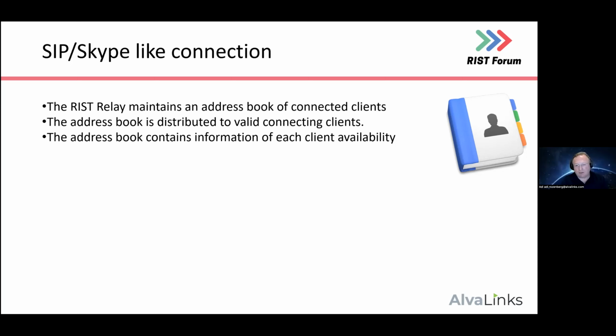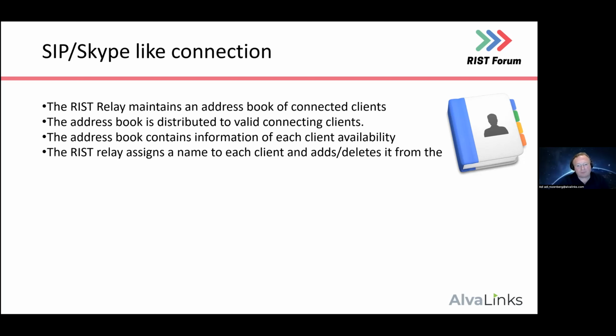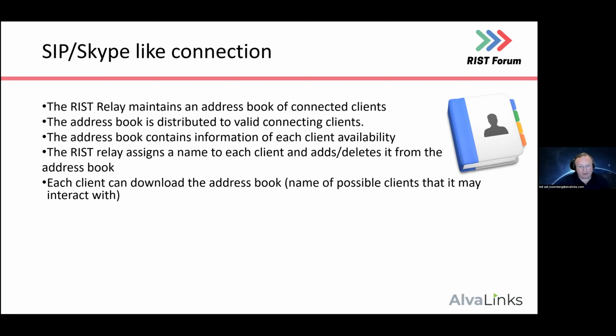So you know that the resource is there and you can start negotiation and communication. The RIST Relay assigns a name to each client and adds or deletes entries from the address book. So each client can download the address book and the names of possible clients it may interact with.